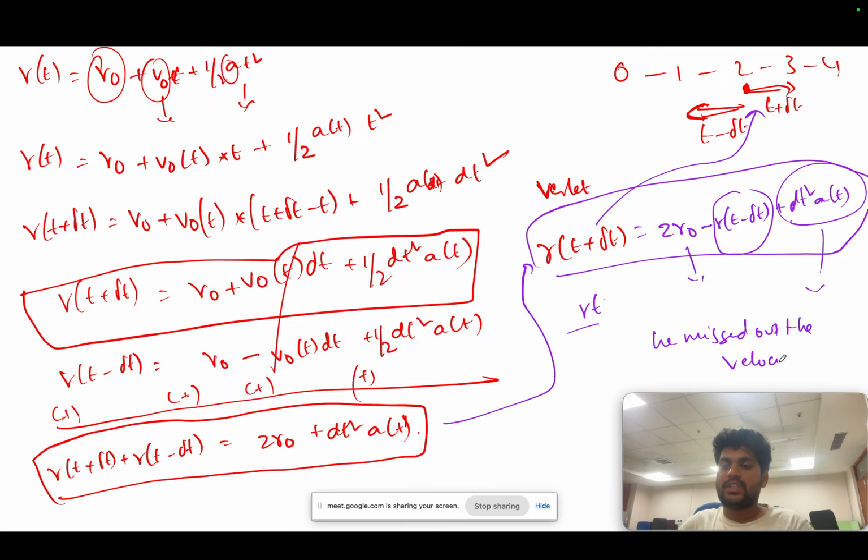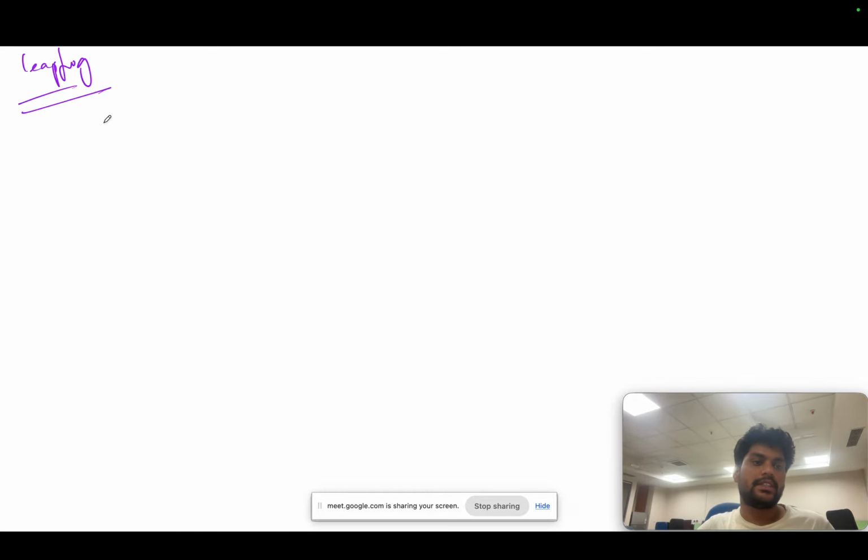To add the velocity terms, the leapfrog has come forward. Initially, we know that we can get the initial v naught through Maxwell Boltzmann constants, so randomly we are applying some velocity to the system.